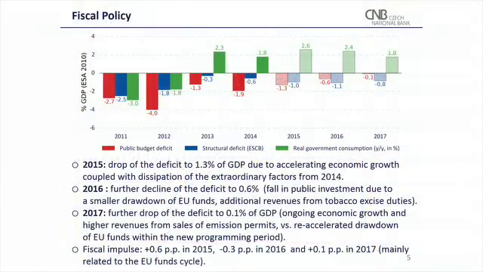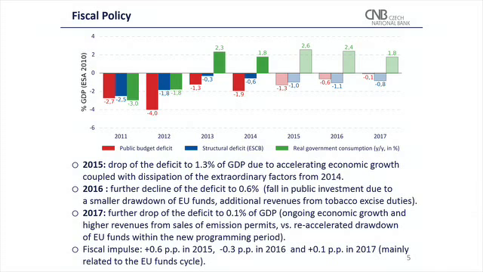As regards domestic fiscal policy, our estimate of this year's government sector deficit, the broader definition, is 1.3% of GDP, which is lower than last year due to two factors.